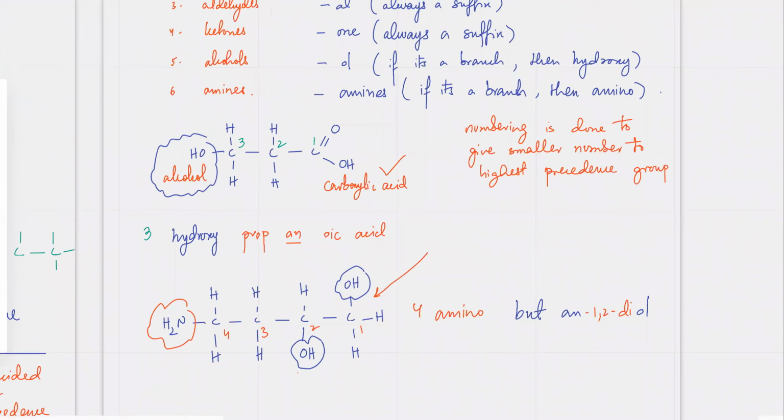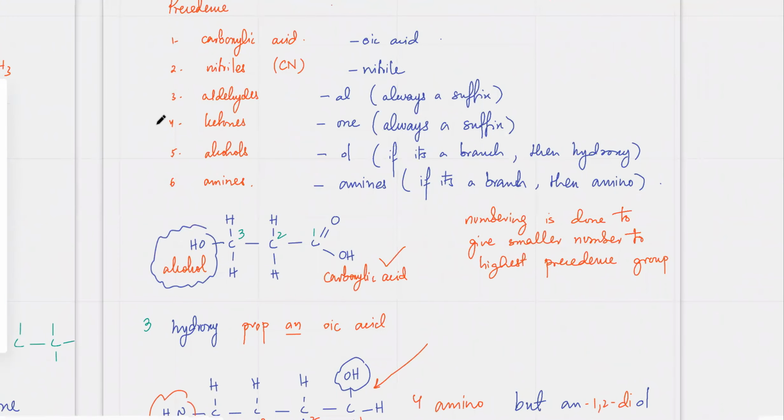There's an issue with aldehydes and ketones, and to an extent with nitriles as well. We're not going to cover nitriles; they're not important. Let's take aldehydes and ketones. The issue is that they always remain a suffix. They don't become a branch in the first place.